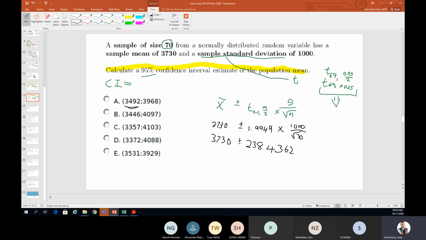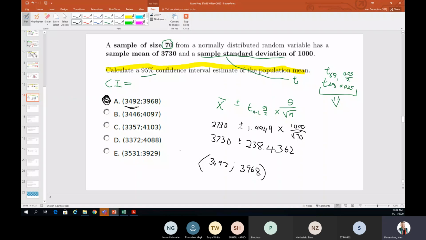And then 3730 plus 238, I get 3968. Okay, so that would have been the answer I'm looking for.